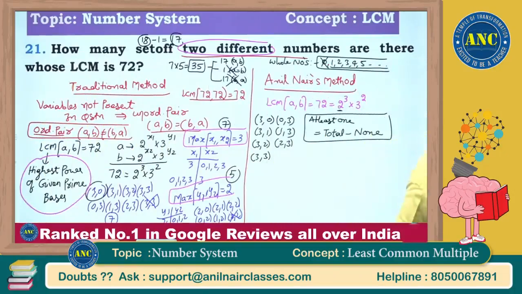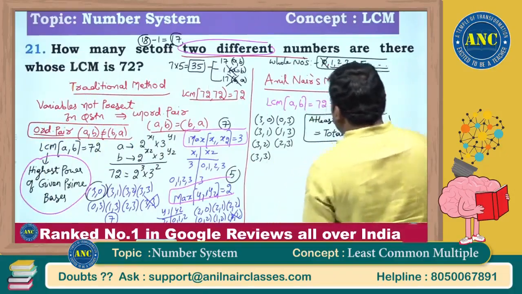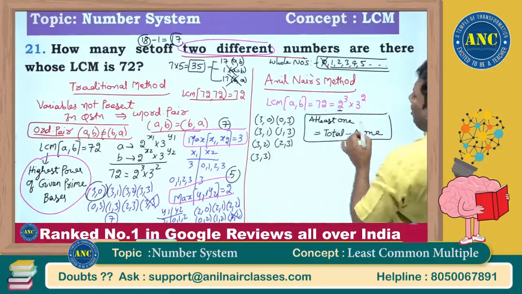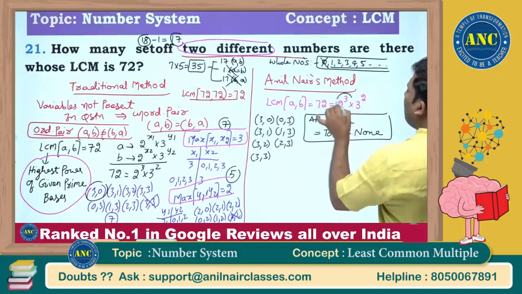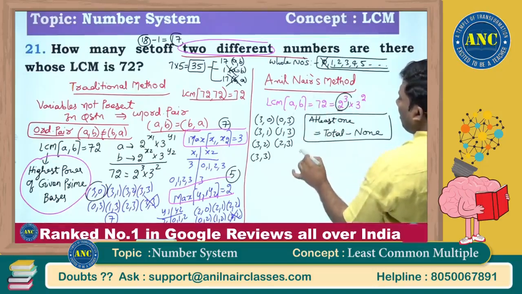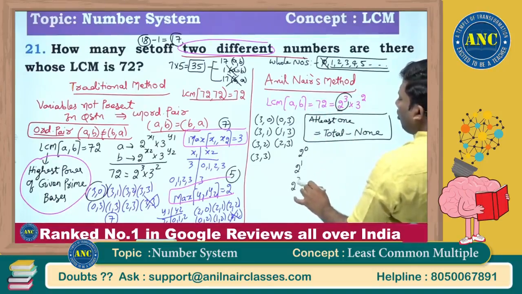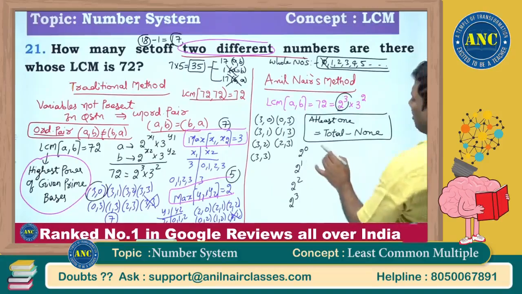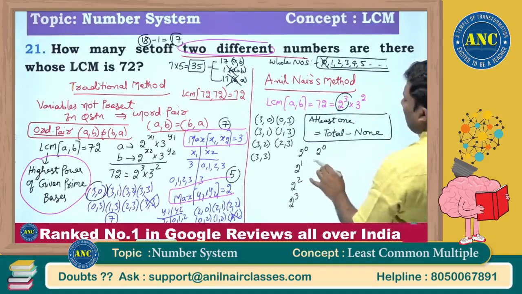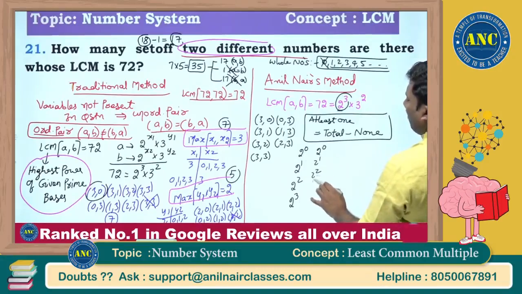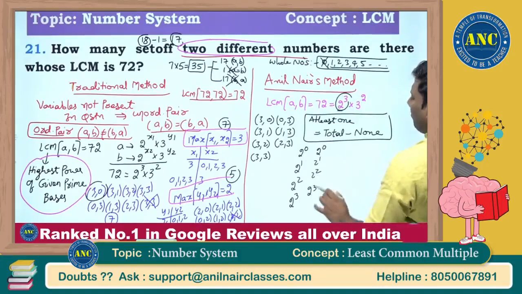What is the total? Arrange all the powers of 2 onto A. What are all the total powers of 2 that can be arranged? 2 power 0, 2 power 1, 2 power 2, 2 power 3. Similarly, B can also take 2 power 0, 2 power 1, 2 power 2, 2 power 3.